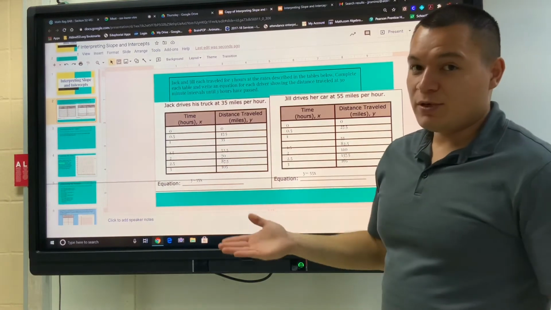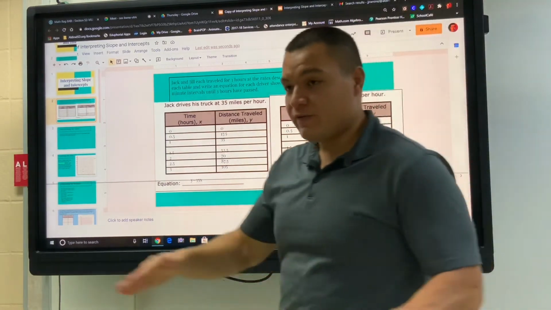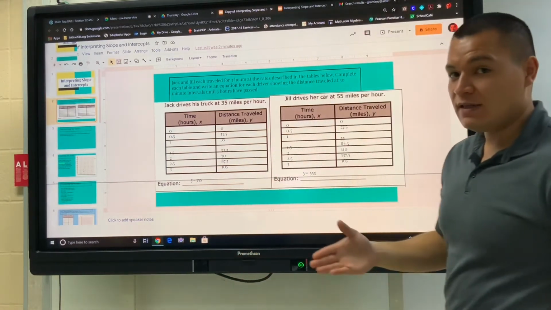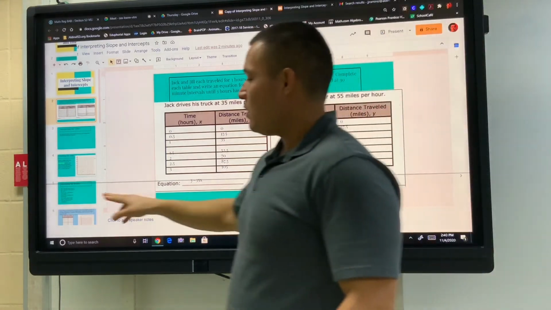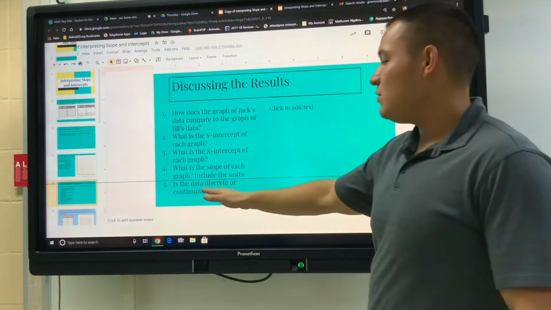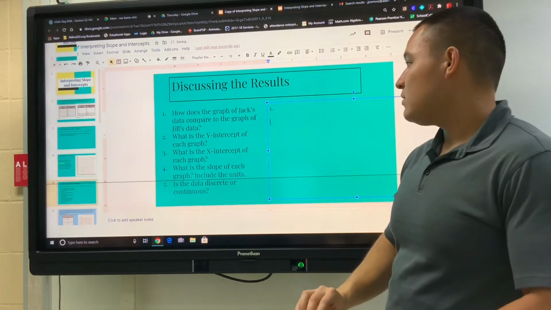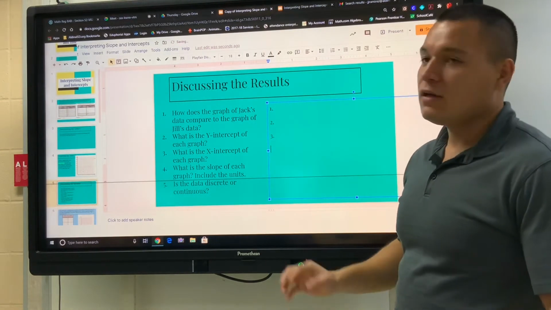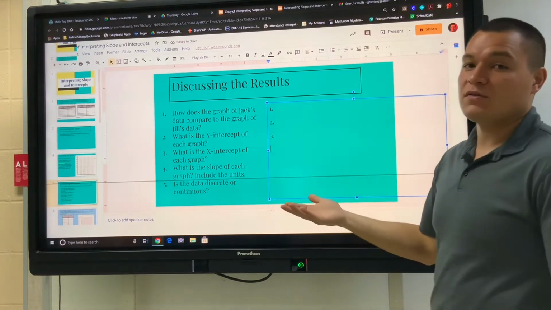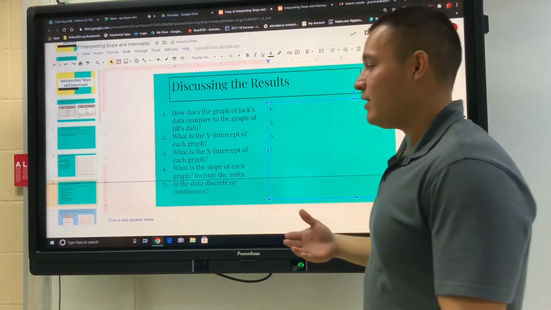You're not teleporting down the road, you're driving, you're moving constantly from one place to the other. So, say continuous or discrete. You can answer these by saying 1, 2, 3, and number your answers so that way I can read it and grade it later.